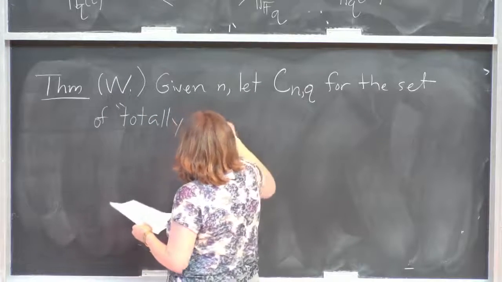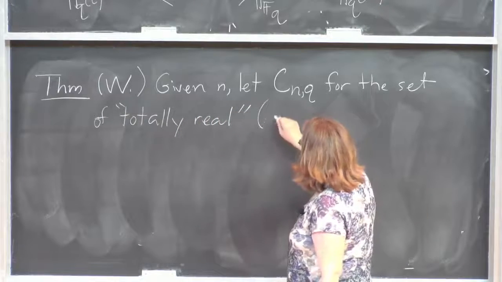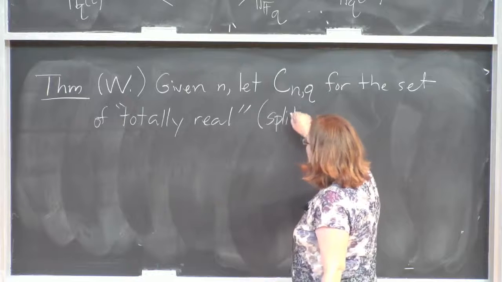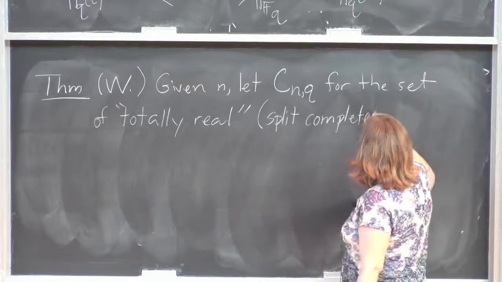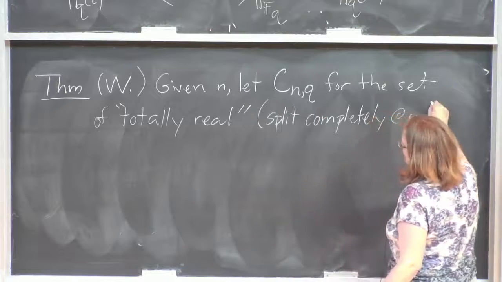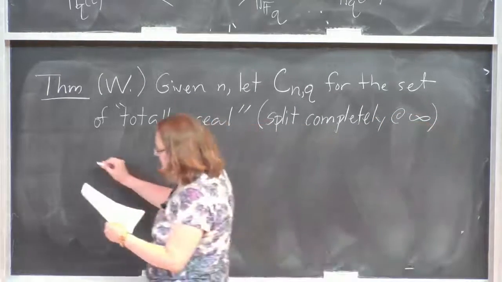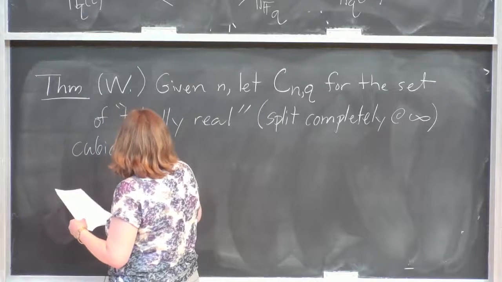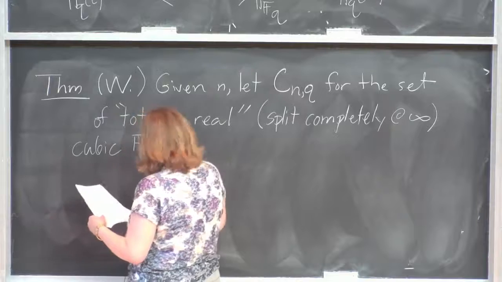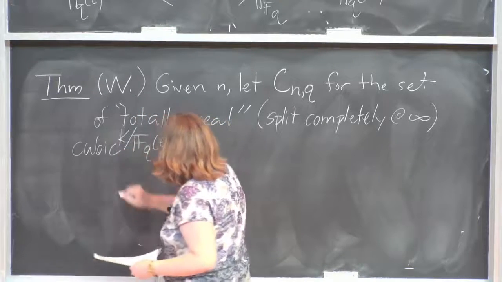totally real. So they're going to be cubics, but what I mean by totally real is split completely at infinity. So I'm going to let C_n(Q) be the set of totally real cubic extensions of F_q(t).